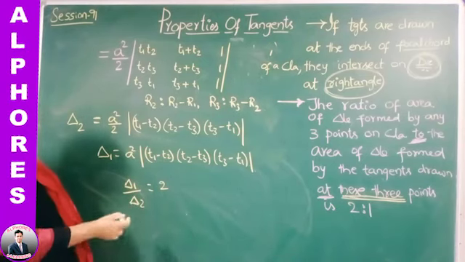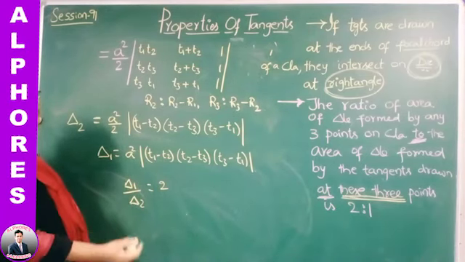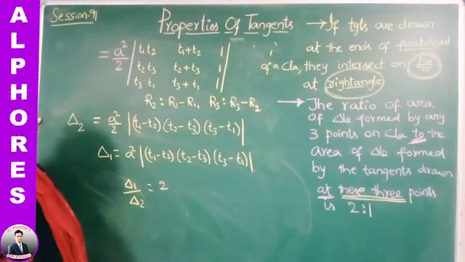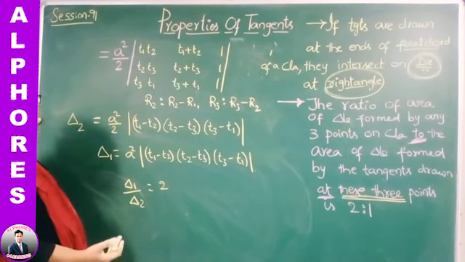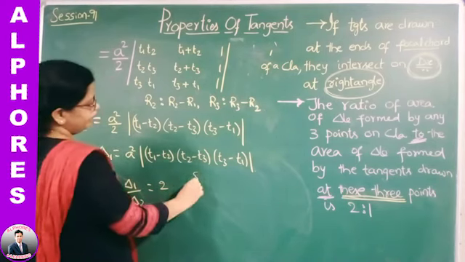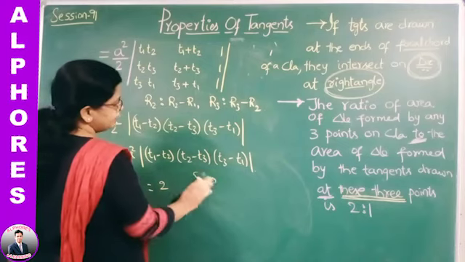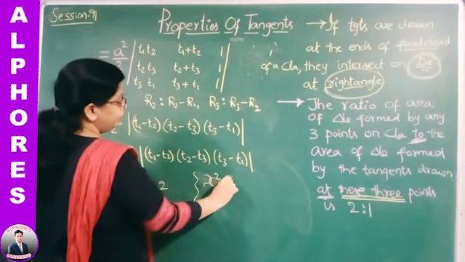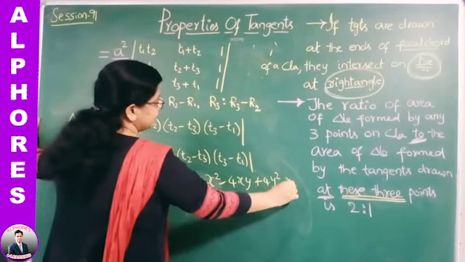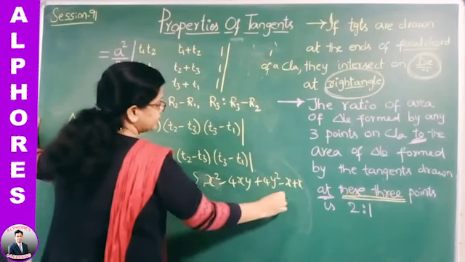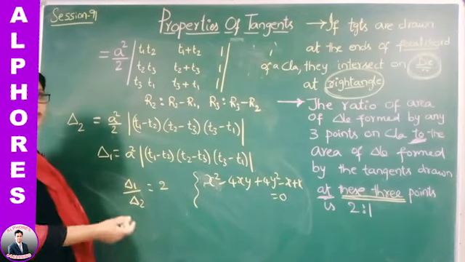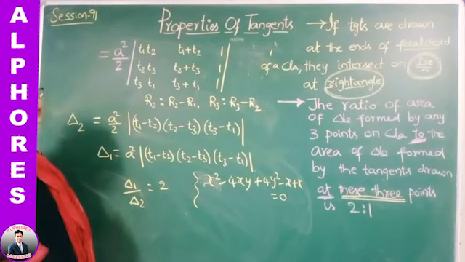Then they ask the same question here: what about the ratio of area of triangles formed by points on a parabola and tangents drawn at those points to the parabola? Suppose a parabola is given as x square minus 4xy plus 4y square minus x plus some k value is 0. Again they repeat the ratio of areas of triangles formed.